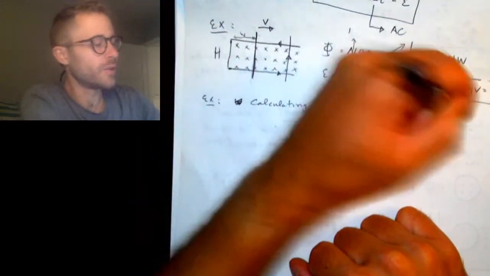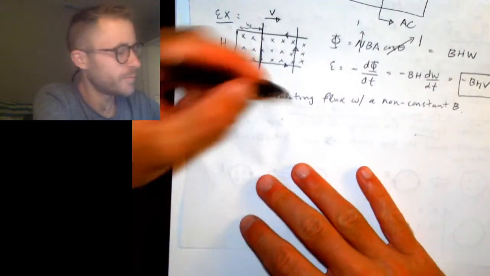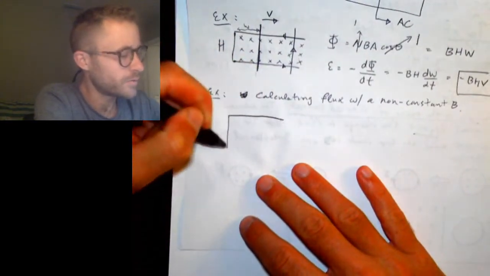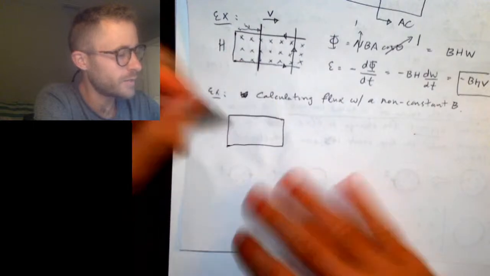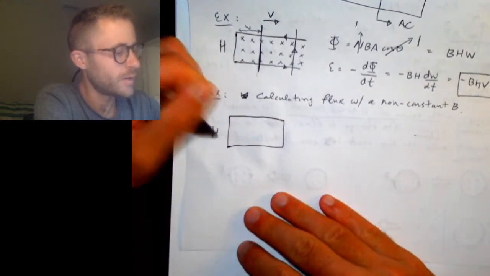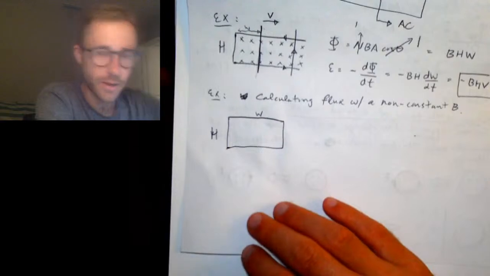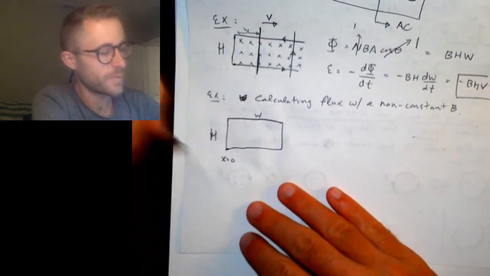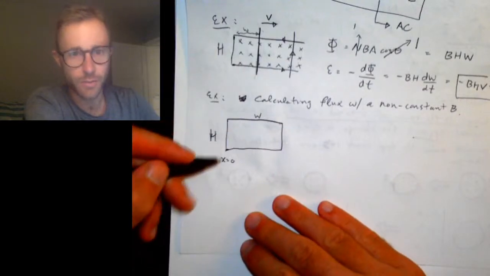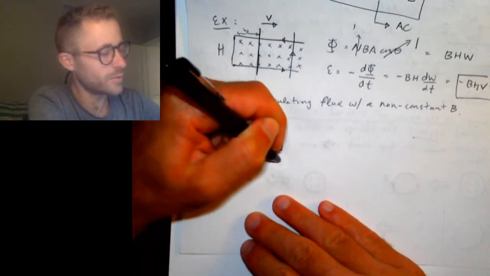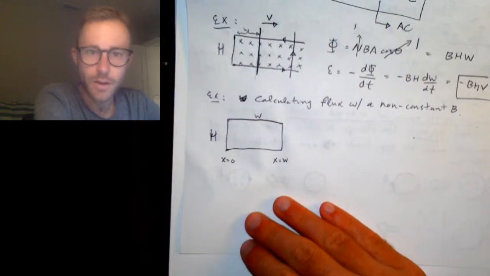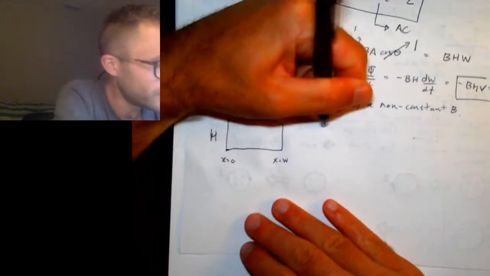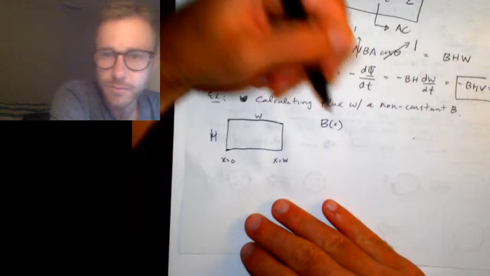So what if we have a loop that looks like this? It has a height h and a width w. We're going to call this left side of the loop x equals 0, and this would be x equals w.